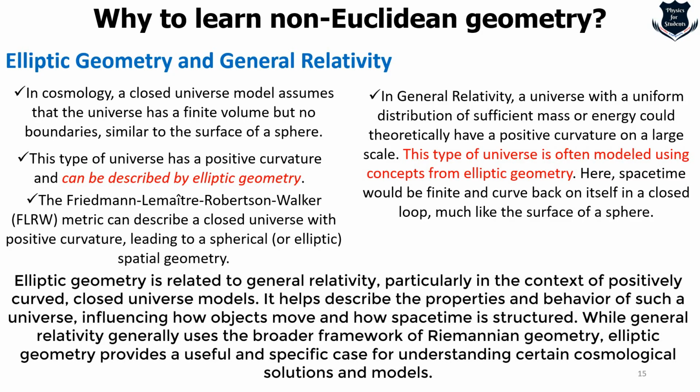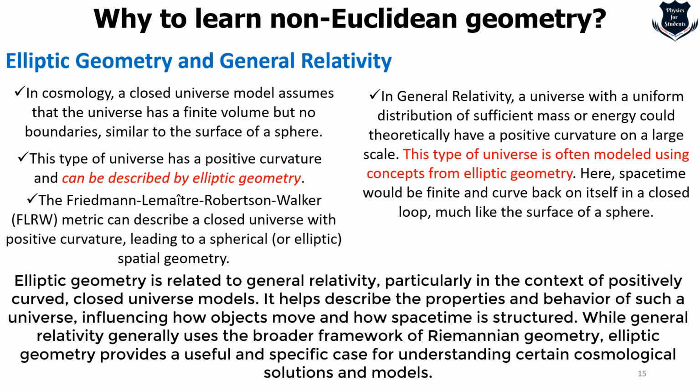From here we can draw the conclusion that elliptic geometry is related to general relativity, but under ideal conditions, because it helps to describe the properties and behavior of such a universe. But in reality, this is not an isotropic universe that would have a positive curvature. So it is used much more on a broader framework. As I have written, Riemannian geometry and elliptic geometry do provide useful special cases for understanding cosmological models.